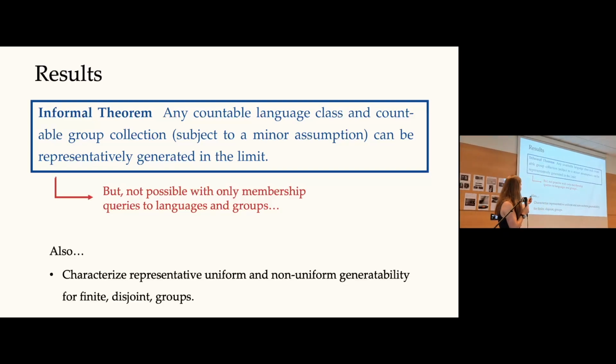We also characterize representative uniform and non-uniform notions of generatability, which intuitively follow from the standard notions, for a specific class of groups, I should point out: only finite and disjoint collections of groups.